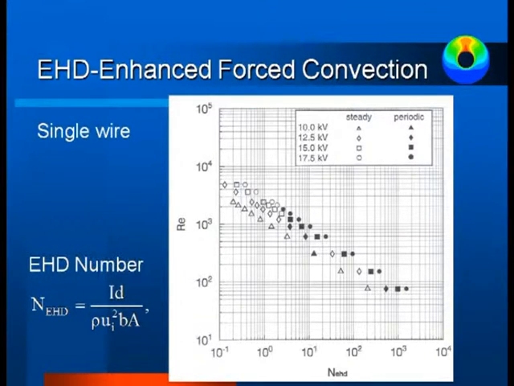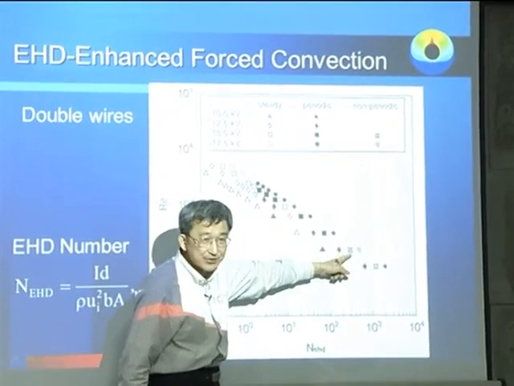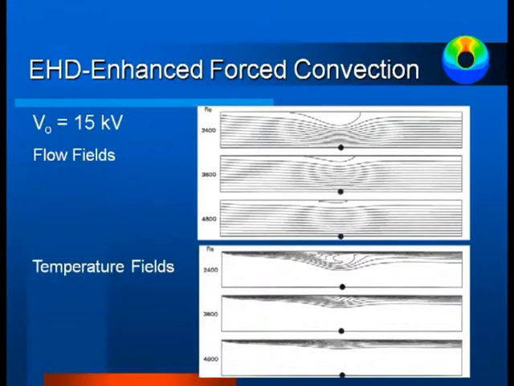This is the case when we have a two-wire. For the two-wire case, it is more complicated. You can see the flow go from steady to this periodic motion, and then to this non-periodic motion, where this part of the flow will be complete chaos.